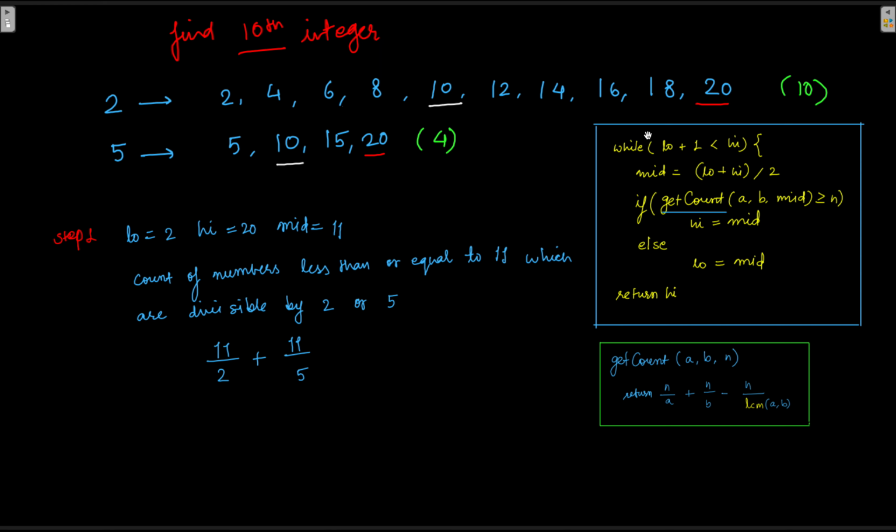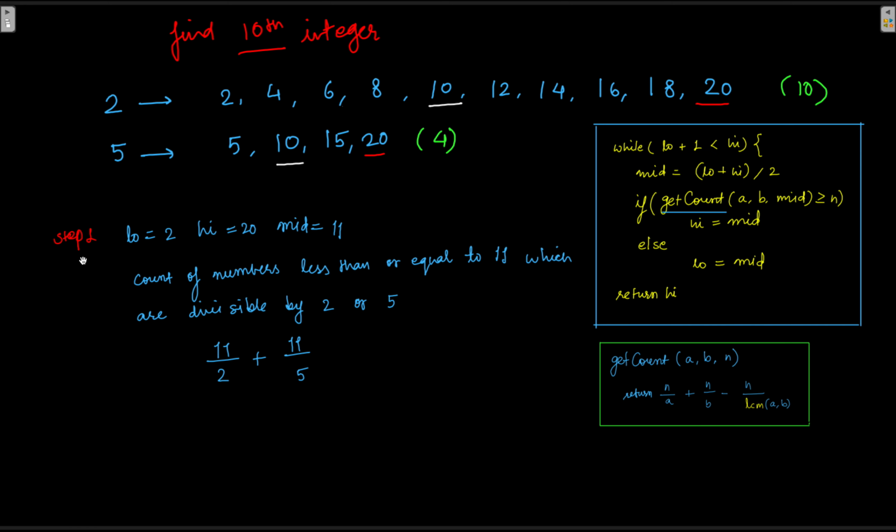That means low always contains an incorrect answer, while high always contains the correct answer, or the answer that satisfies this condition. So at the end of this binary search, we'll get the smallest number in the range of all the numbers that satisfy this condition. That will be our answer.